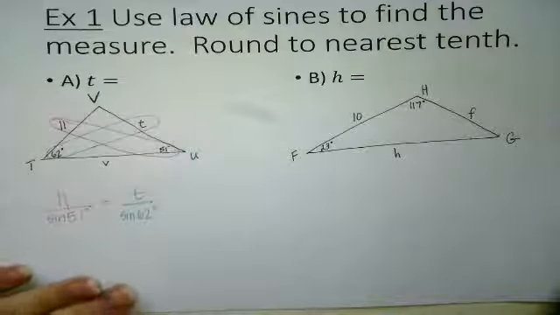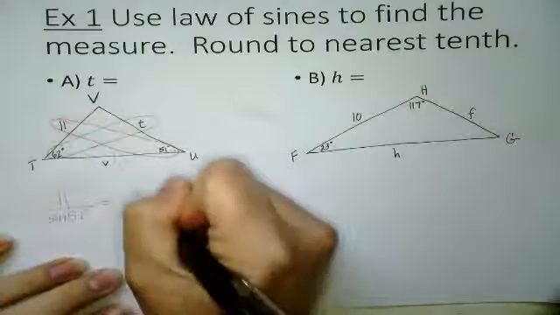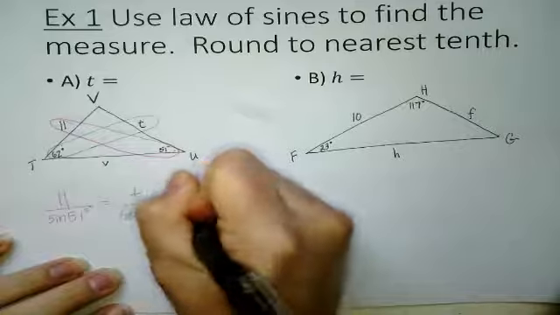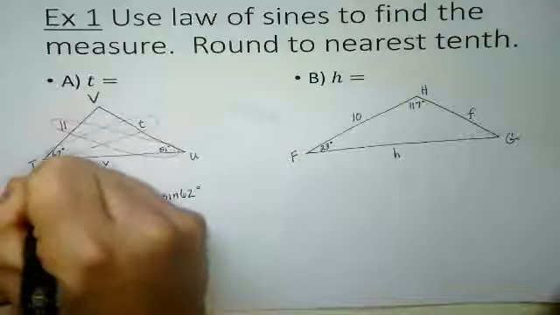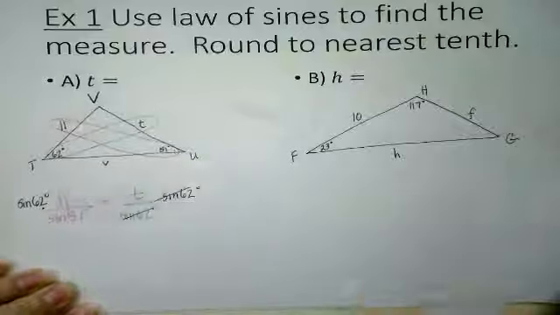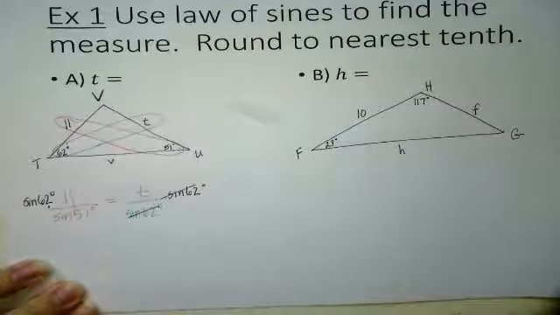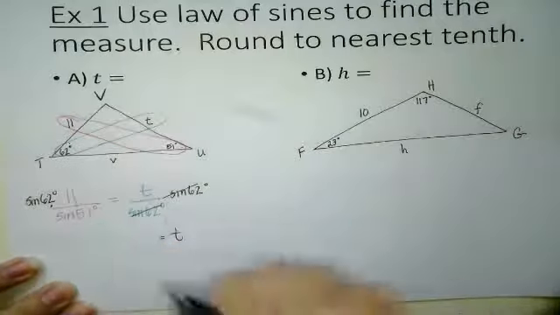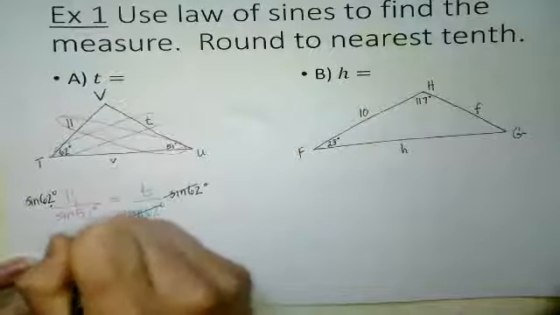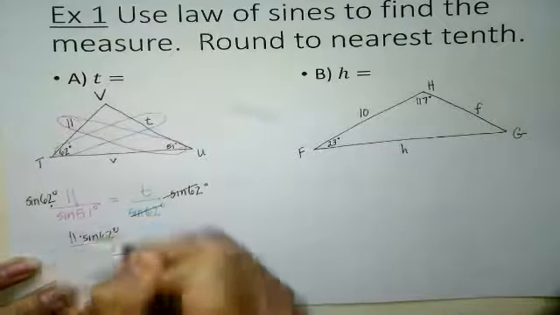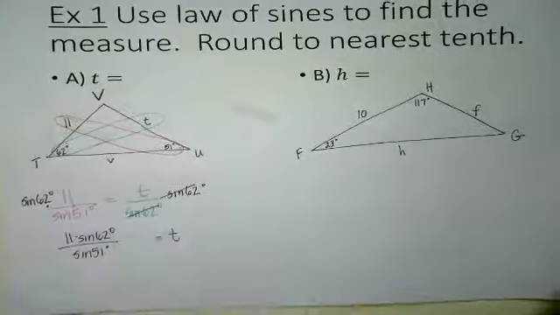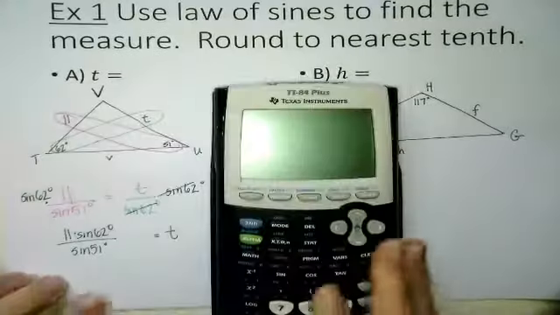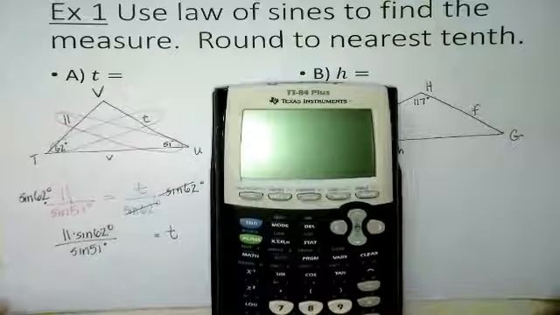I'm going to isolate t, so all I have to do is multiply by the sine of 62 on both sides to get t by itself. In my calculator, I'm going to type 11 times the sine of 62 degrees divided by the sine of 51 degrees. If you type that into your calculator just like that, it'll be perfect.